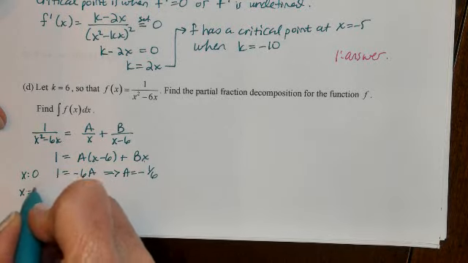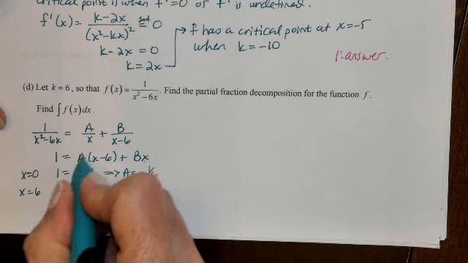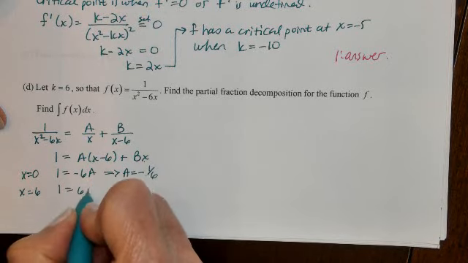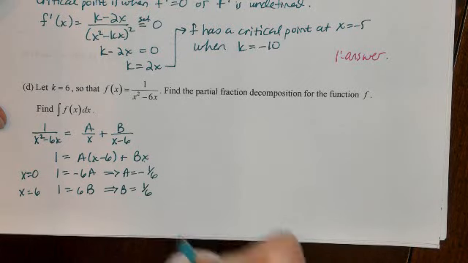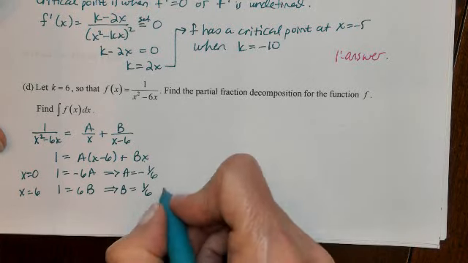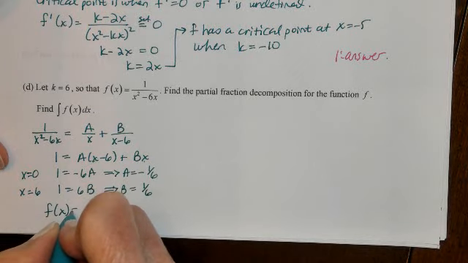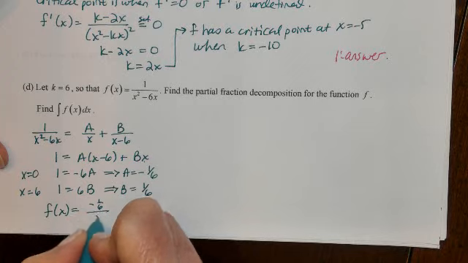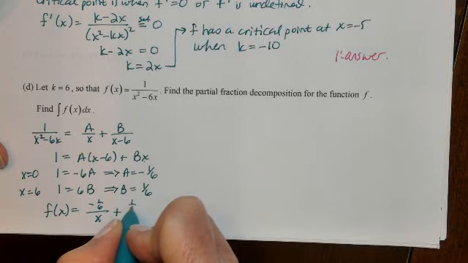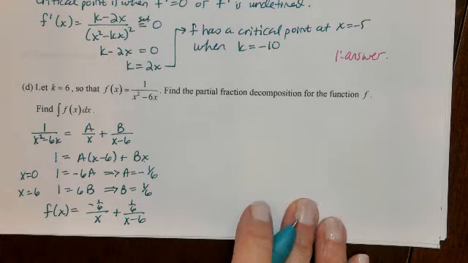If I let x be 6, then I have 1 is equal to 0 plus 6b, which means b is positive 1/6. And so I can say that f of x is equal to negative 1/6 over x plus 1/6 over x minus 6. And that's the partial fraction decomposition.